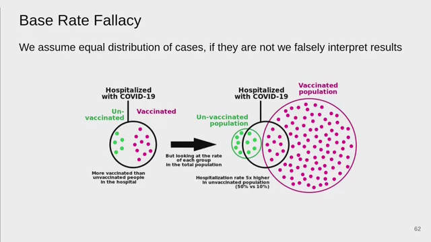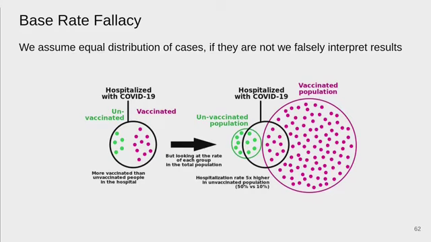A much larger share of the unvaccinated people will be hospitalized than of the vaccinated people. But because 95% of people are vaccinated, obviously some of them will end up in the hospital, because maybe the vaccine was not effective for them, or the vaccine only reduced the impact of the infection.